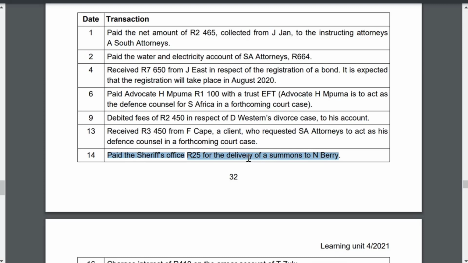So in this scenario, SA attorneys has paid this sheriff's office out of the business bank account, but will be reimbursed, will be paid back this money.